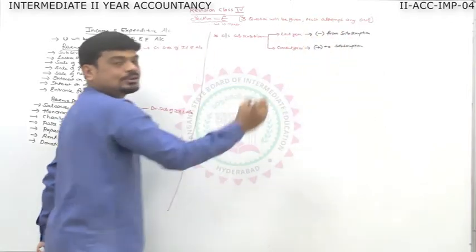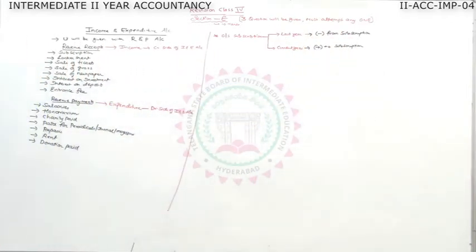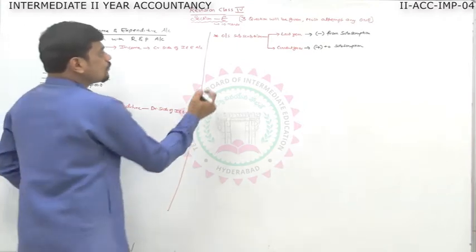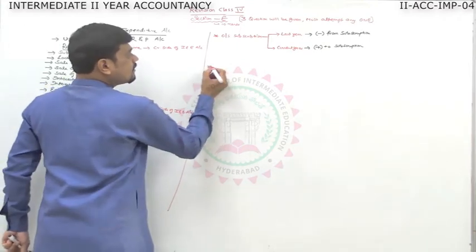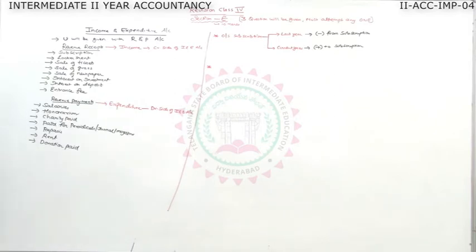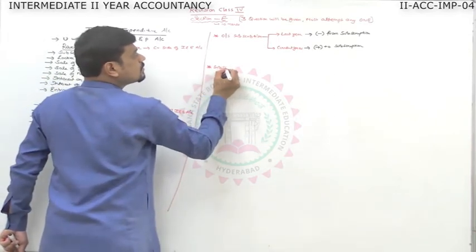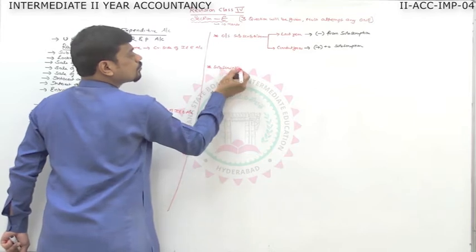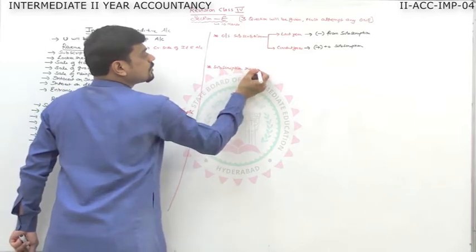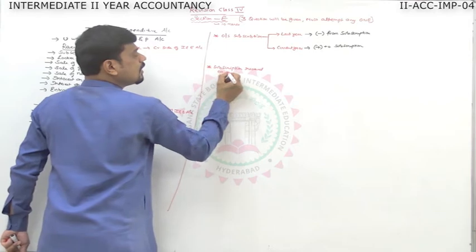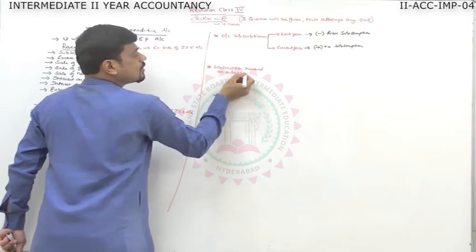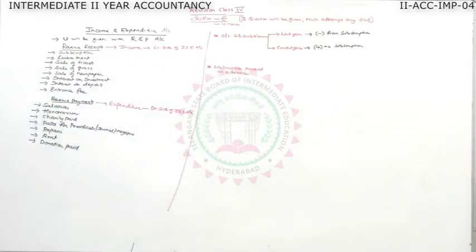You are going to add to whom? Subscription. Then the second adjustment, what can we expect? He may say again, like subscription received in advance.